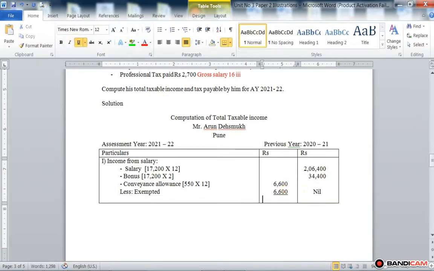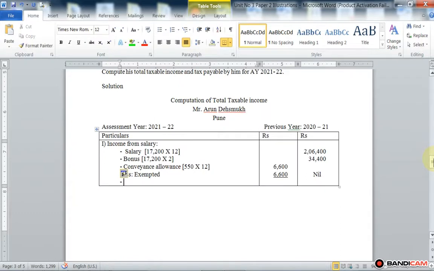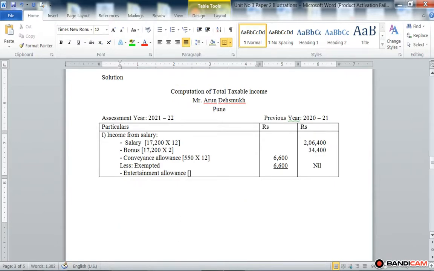Then next, entertainment allowance. So entertainment allowance is fully taxable. Okay, so entertainment allowance received amounting to rupees 450 per month, that is equal to 5,400.